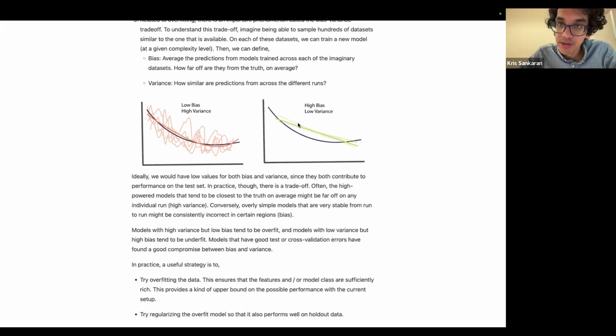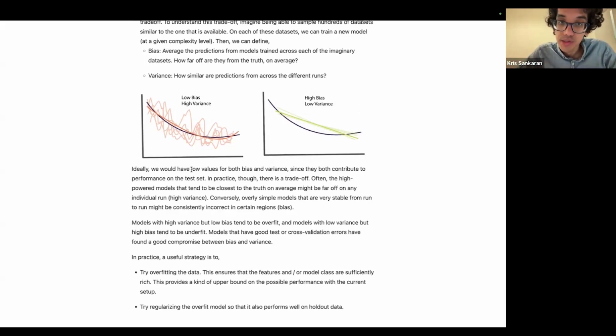Here's a situation where you have very high bias but lower variance. Your model isn't very close to the truth, but you tend to have very stable predictions every single time. It's always consistently off. So this is lower variance but high bias. The ideal model is you have low for both.